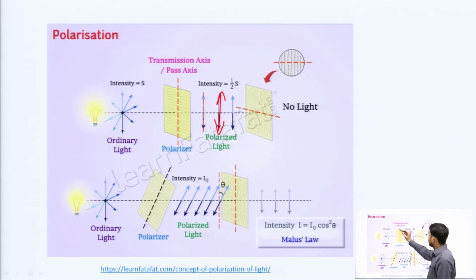The intensity is reduced to half. And if we keep another polarizer at a 90-degree angle from the earlier one, then all the light will be stopped. And if there is a certain angle, then the intensity will be calculated by this formula, that is Malus law. Okay.